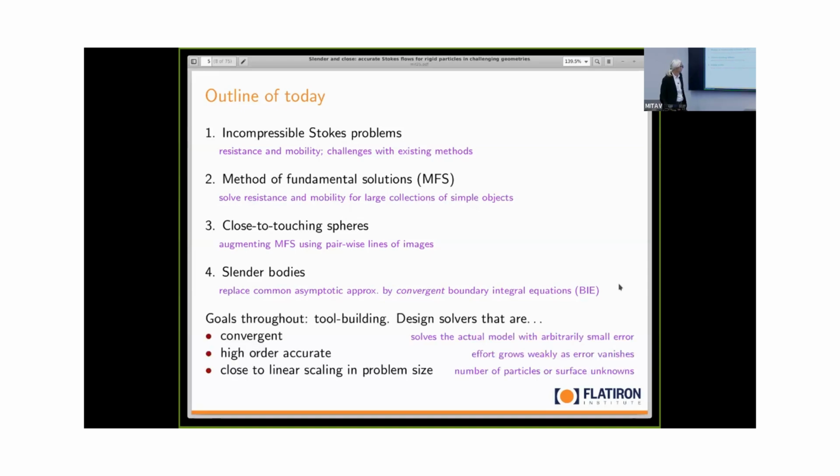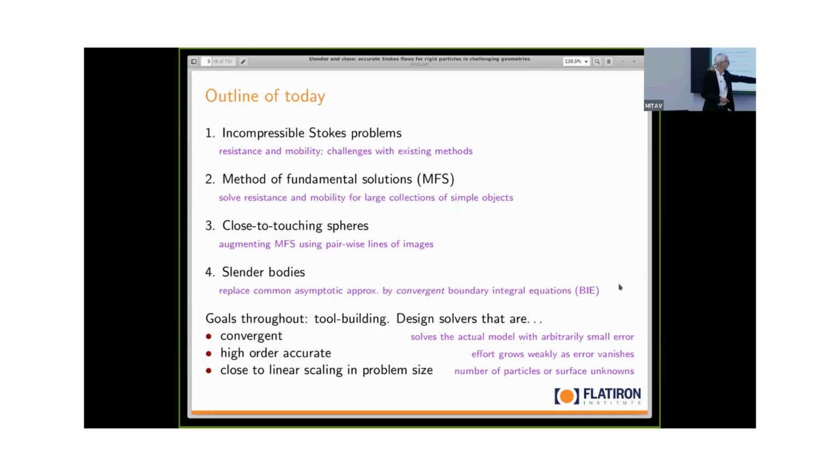So, in general, everything that I try and do, and I would say the philosophy I've really learned from my boss, Leslie Greengard, and one of the reasons I moved to work with Leslie and be part of this center, is the goal of designing solvers that are convergent. So what does that mean?